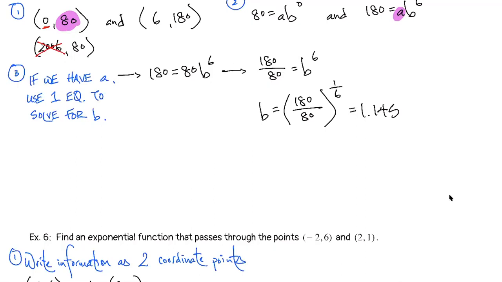All right. And we don't need to do step 4 here because we already found A. So we can skip to 5 where we just write our full equation. When we do that, we'll get f of x equals A, which is 80, times 1.145 to the power of x.